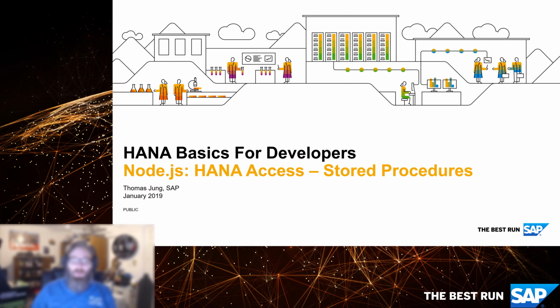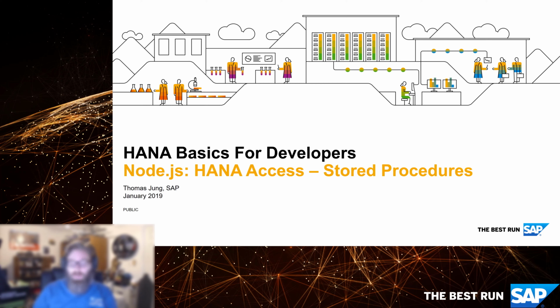In the previous video, we looked at the specific modules and techniques for performing HANA database queries from pure Node.js modules. We want to continue that topic, but now look at the specific way that we can interact with stored procedures.